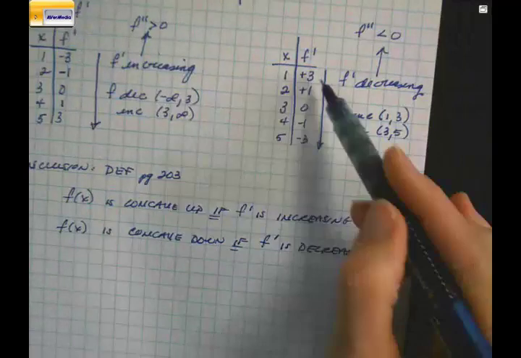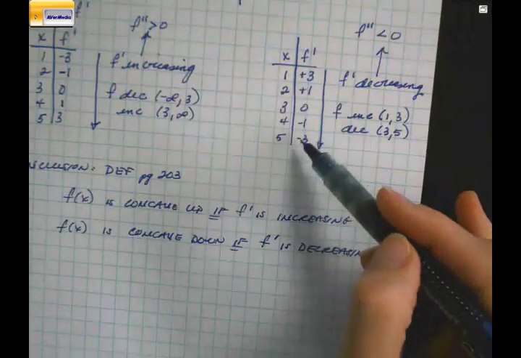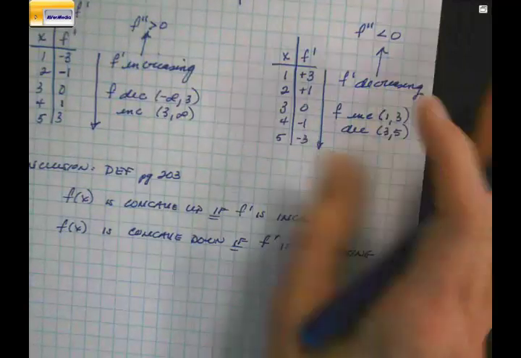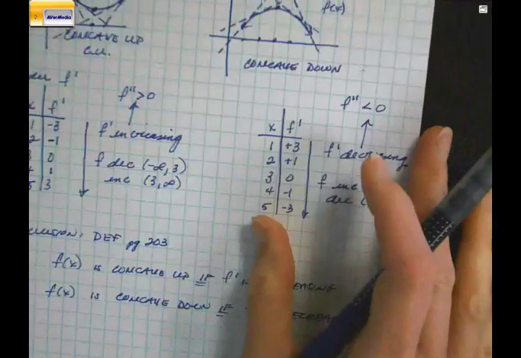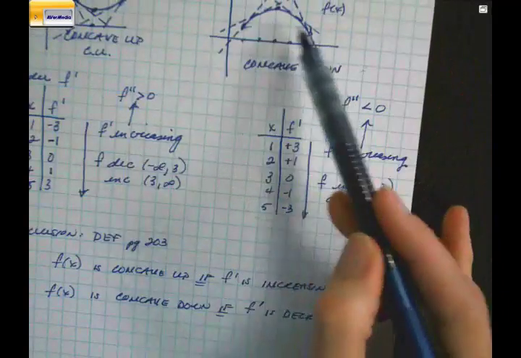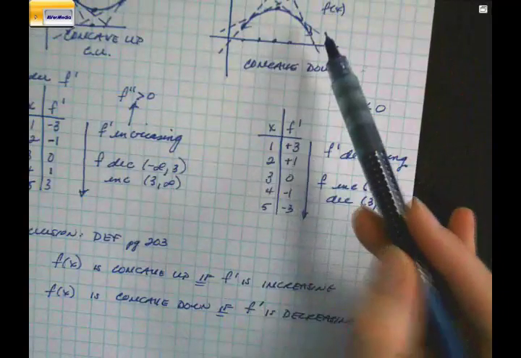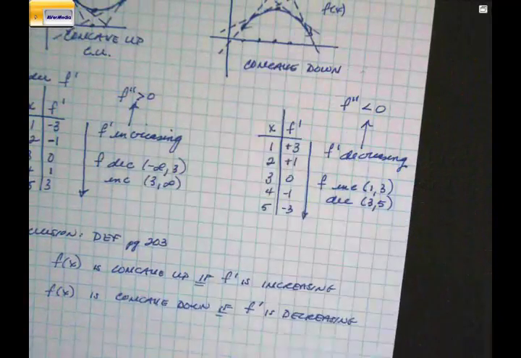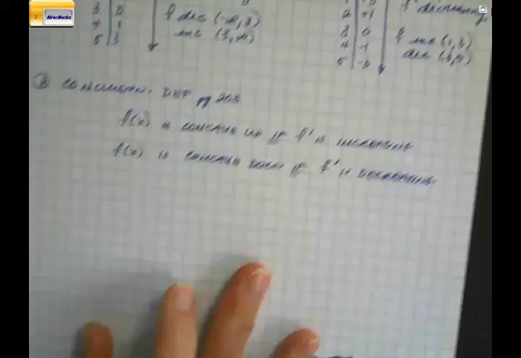And over here, from the table of values, the f prime values were decreasing, which presented a graph that was concave down. Okay, so there's one definition.